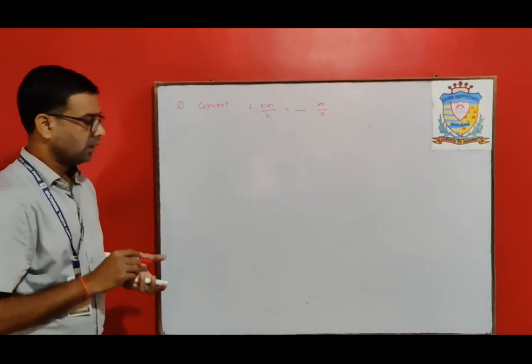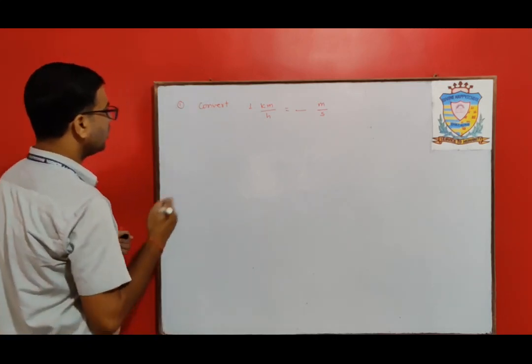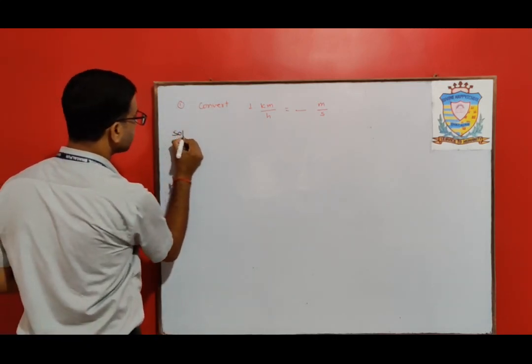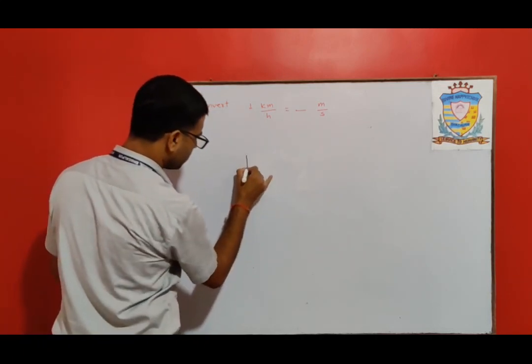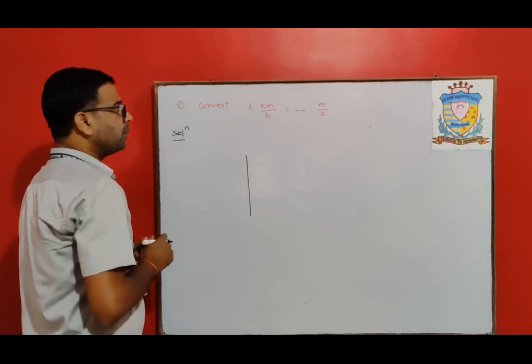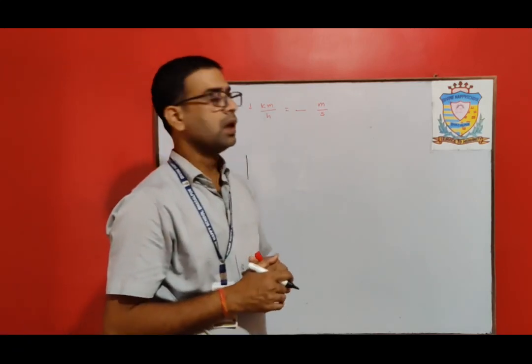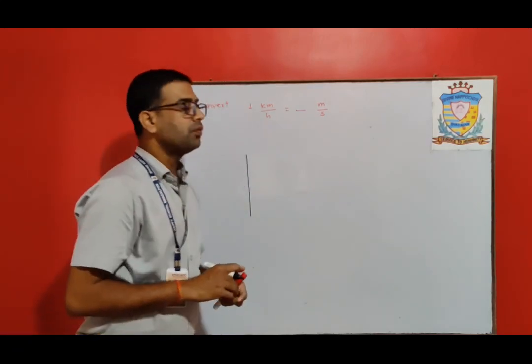Clear? Okay. So how will we do it? Again, kilometer per hour and meter per second are the units of velocity.